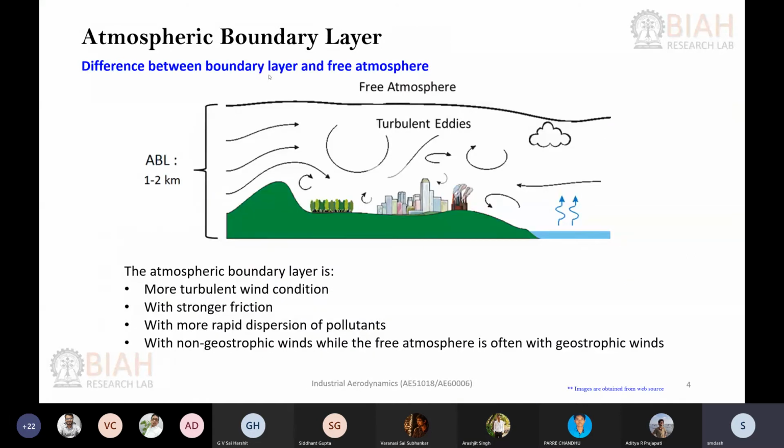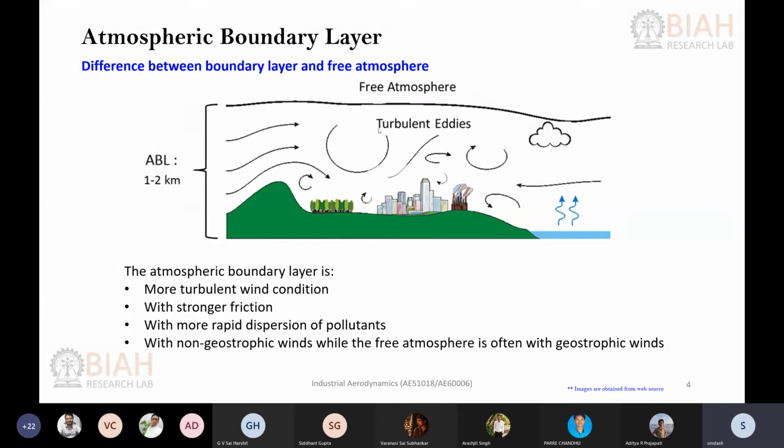So, the difference between the boundary layer and the free atmosphere, what wind conditions are we talking about here? The wind is very turbulent inside the boundary layer, because of the presence of a lot of surface roughness elements.